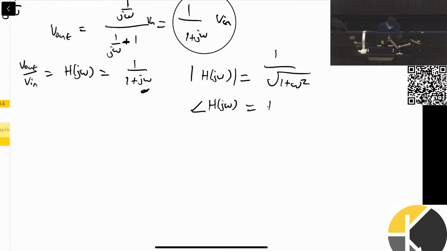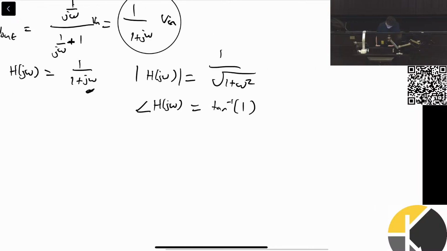We can take the arctan of the numerator minus the arctan of the denominator, which is just omega, so this is minus arctan of omega. So we've got our two things.